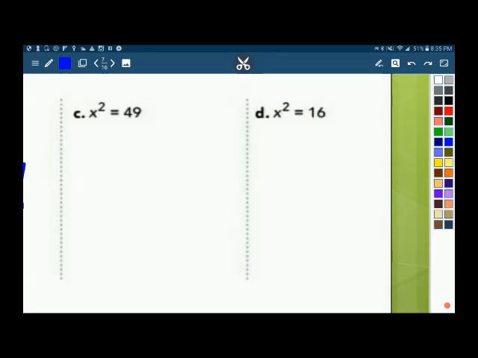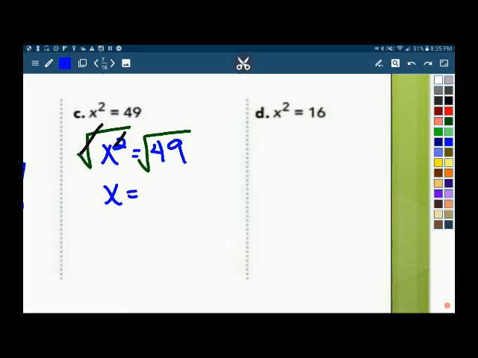Two more just to make sure we know what's going on. We got x squared is equal to 49. Again, x is only being squared, so we square root each side, making the square and the root cancel. We're left with x is equal to, what times itself is 49?